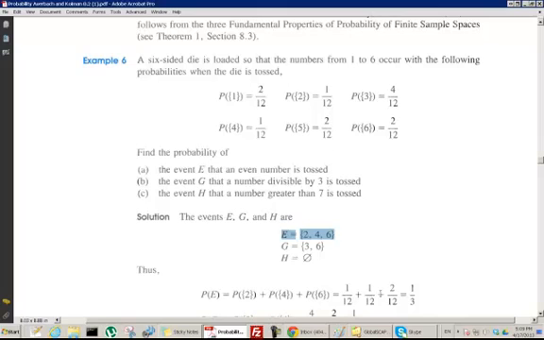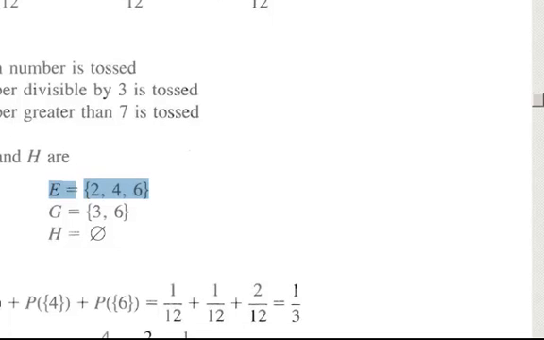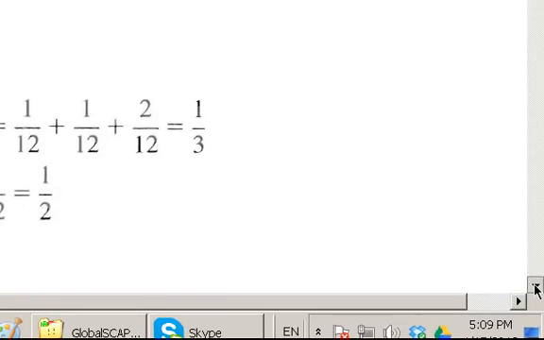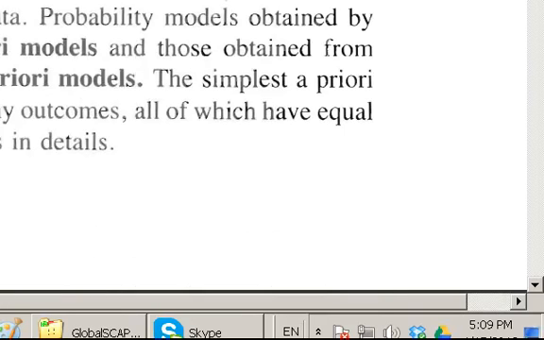It was this, plus this, plus this, which gives us that. For G, same thing. We sum up the probabilities of the sample points. So we have the probability of 3 plus the probability of 6. So it was 4/12 and 2/12, which is 1/2. And the probability of the empty set, we already said that's 0. Okay, I'll stop this and continue.